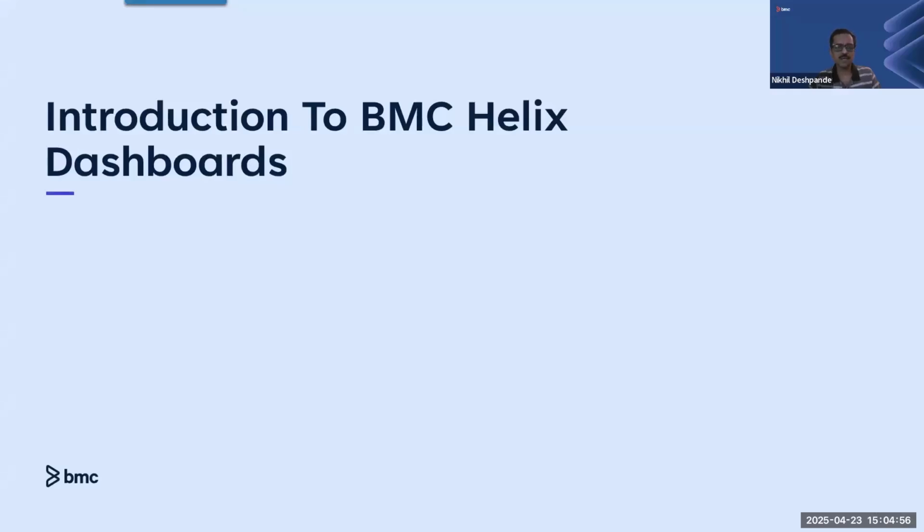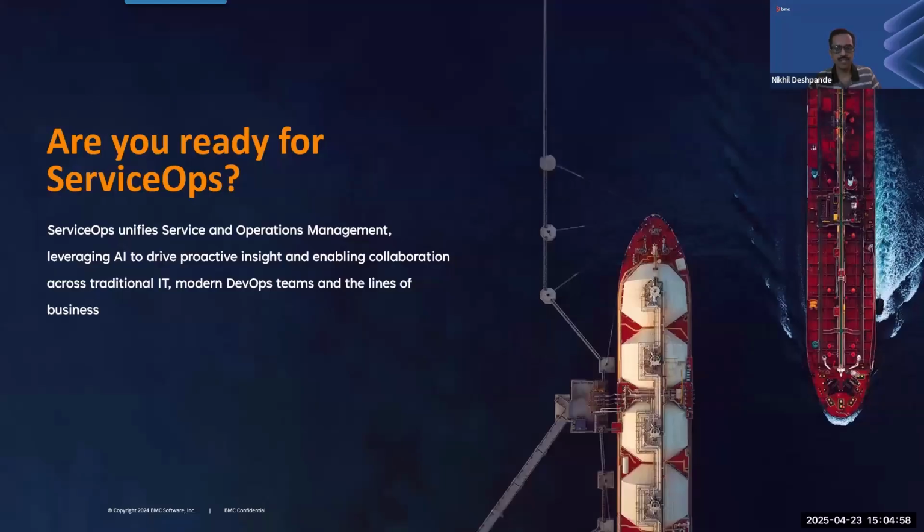So let's start with Helix Dashboards. And before we get to dashboards, let's pause and understand what is service ops. If you've been using BMC Helix for a while, you're probably familiar with this term, service ops. What exactly is it?